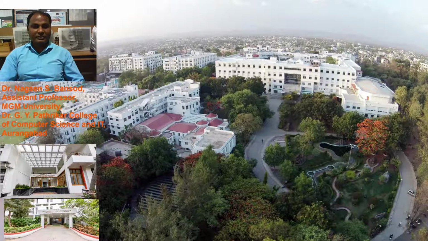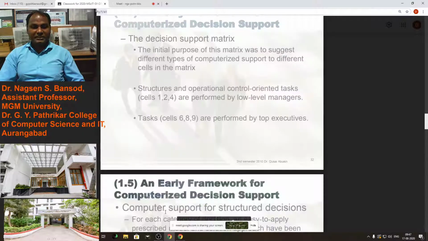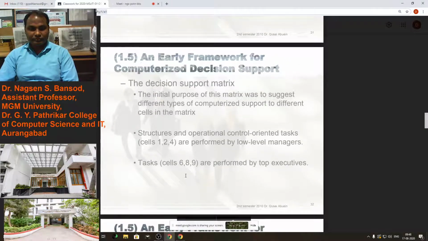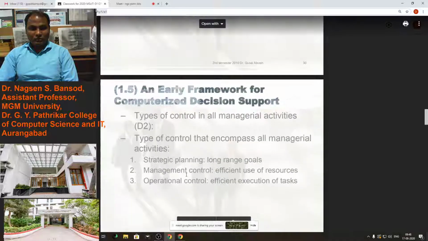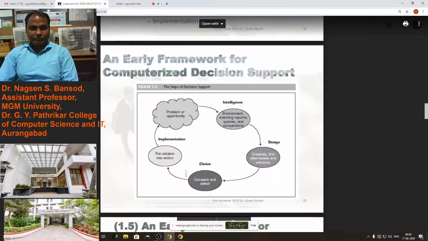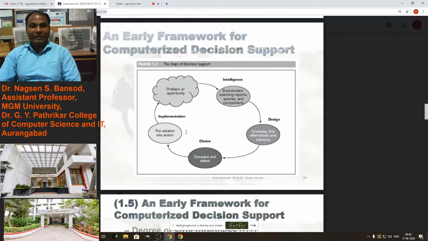Today, we will discuss the framework of Business Intelligence System. Now, see an early framework for computerized decision support system. This system is divided into 5 steps.